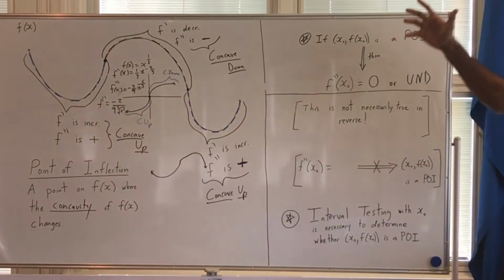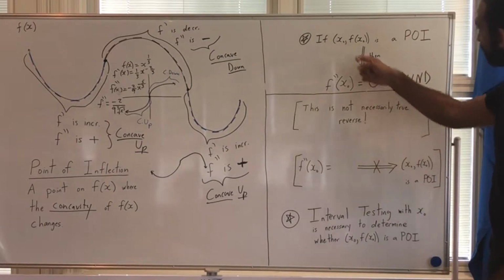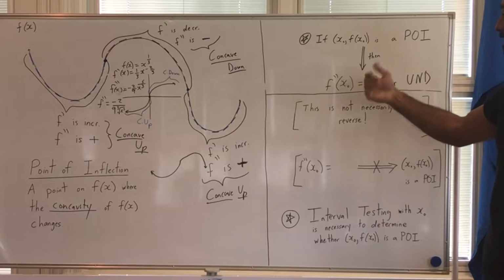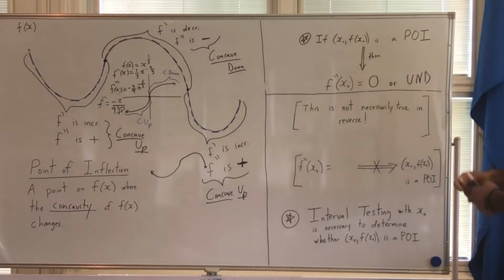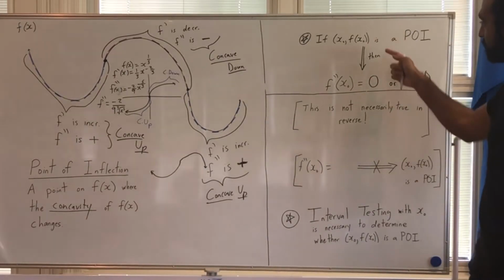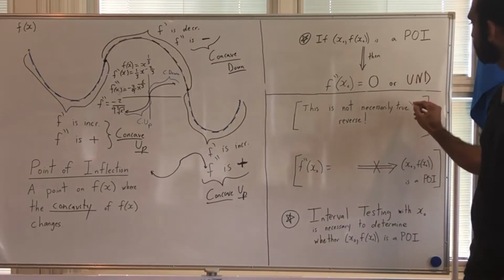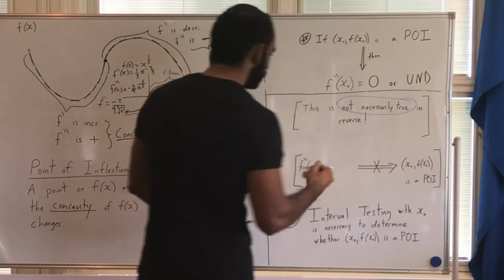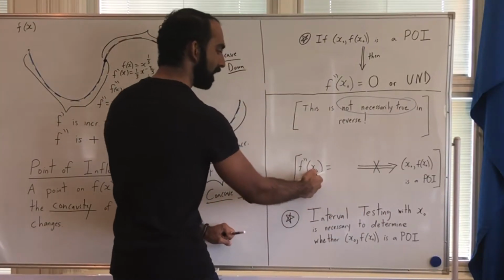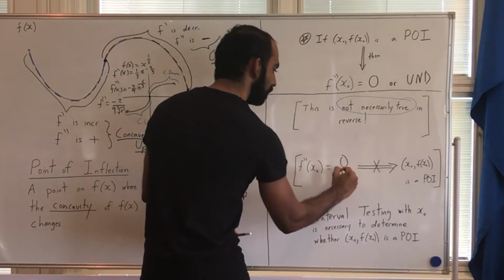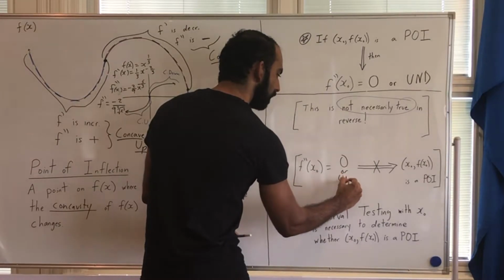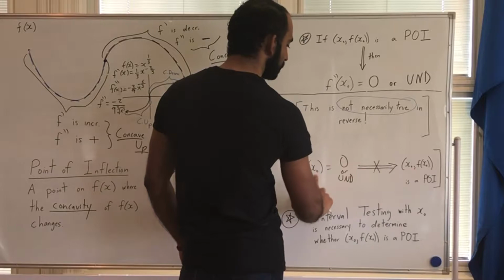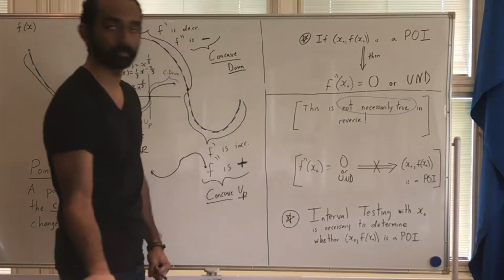So the key computational takeaway is that if this is a point of inflection, then the second derivative evaluated there is either 0 or undefined. But I cannot stress this enough, this statement is not necessarily true in reverse. If your second derivative at a point is 0 or undefined, that doesn't necessarily mean that point is a point of inflection.